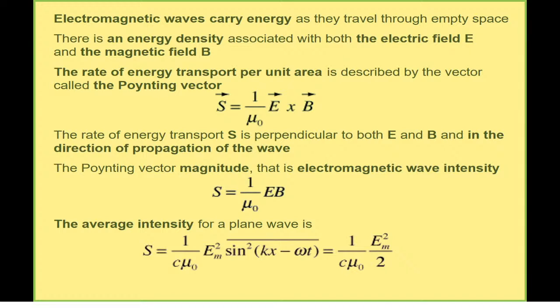So the speed of propagation, velocity of propagation, and one more: what is at the core of electromagnetic wave? At the core is electromagnetic energy, so that is why we have to quantify just this. Electromagnetic waves carry energy as they travel through empty space or when they travel through matter. So, nevertheless, they carry energy.